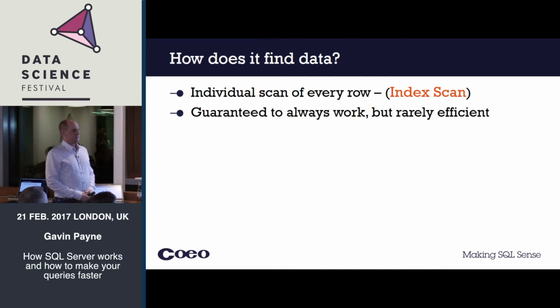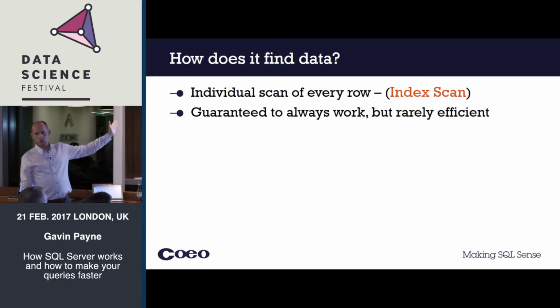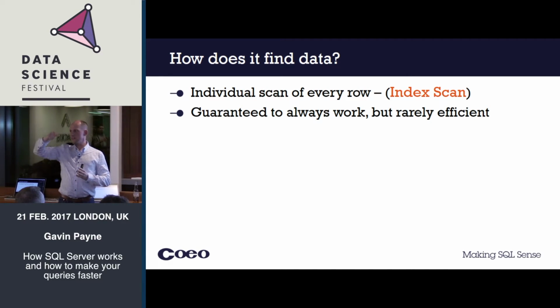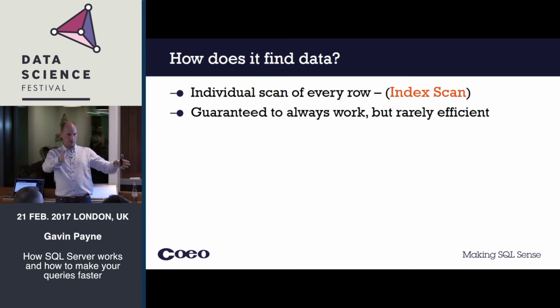So how does it find data? The guaranteed, always going to work approach is something called an index scan. This is where SQL Server will read every row in an index, whether it's the clustered index, which is the table, or a non-clustered index you've created. It will read every row and ask itself, does that individual row match the condition I'm looking for?